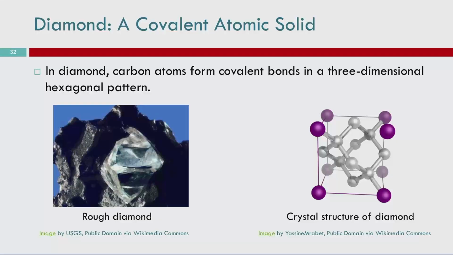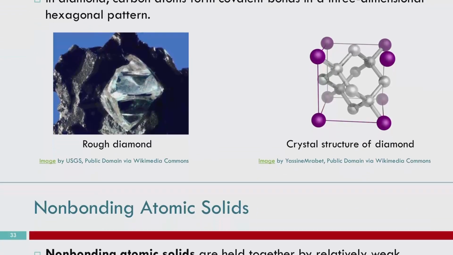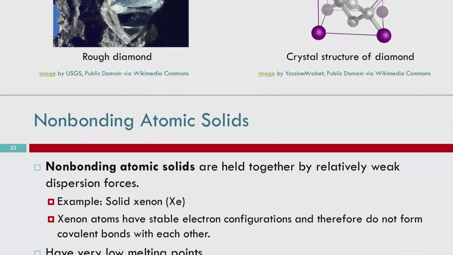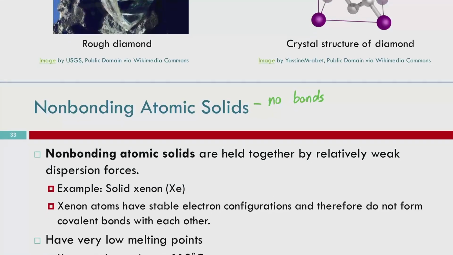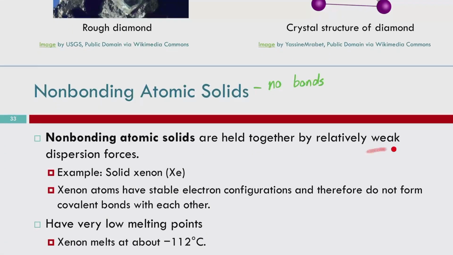We've got covalent bonds. We've got then ones that are not bonding. So non-bonding atomic solids. No bonds. So they're not going to be very sticky at all. And these are things that are held together by our relatively weak dispersion forces. We're thinking of our noble gases like solid xenon.